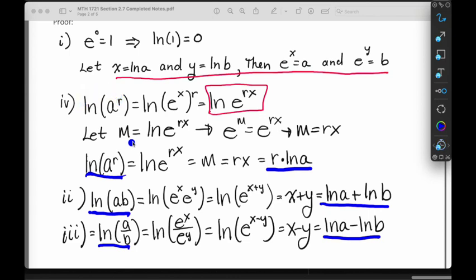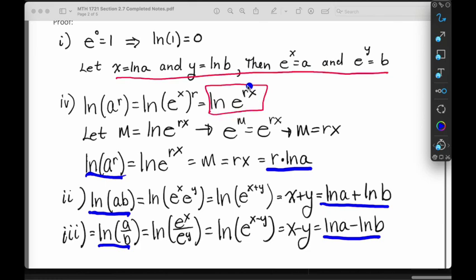So I'm going to start off by using the fact that I have this here, and I'm going to rewrite a as e to the x. So I'm going to replace a here with e to the x. And now I can use the power rule of exponents. When I have a power to a power, then I can multiply. So I'm going to rewrite this as the natural log of e to the power of r times x.